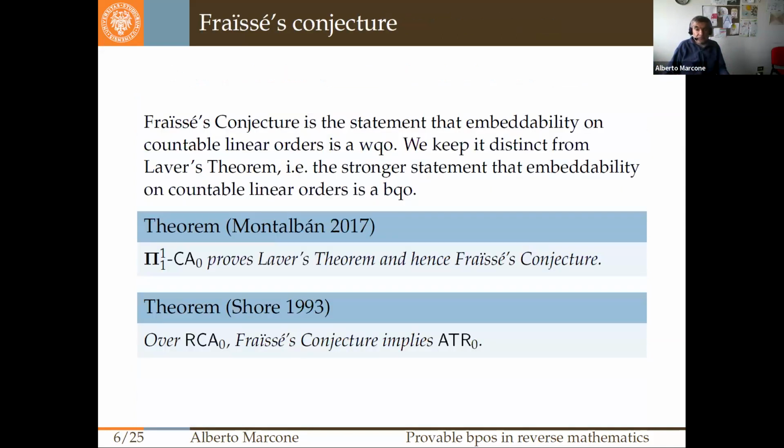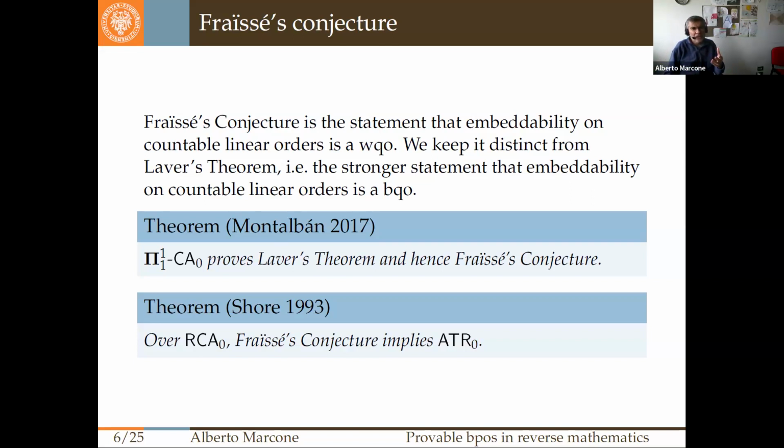One of the most famous results about WPOs, and a way of introducing better partial orders for me, is Fraïssé's conjecture. Fraïssé's conjecture, which came from the 1950s, is the statement that if you look at embeddability on countable linear orders, then it will be a well partial order. And this was proved a few years later, in the early 70s, by Laver. Laver actually proved something more: that embeddability on countable linear orders is a better quasi-order.